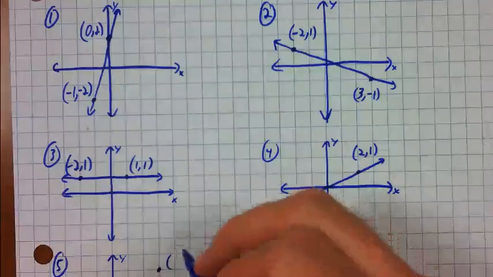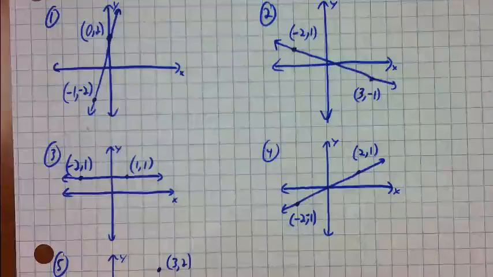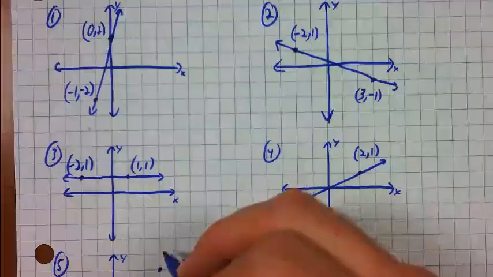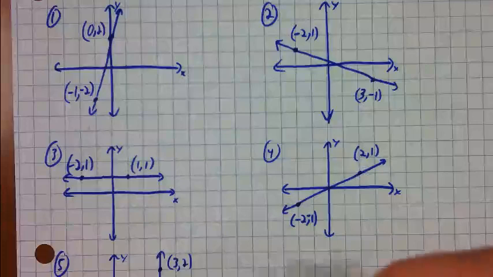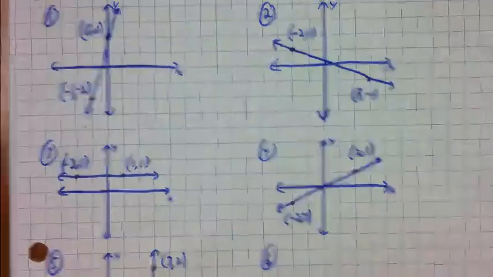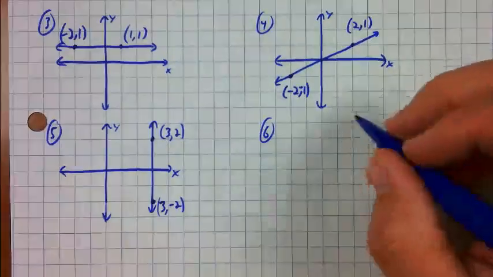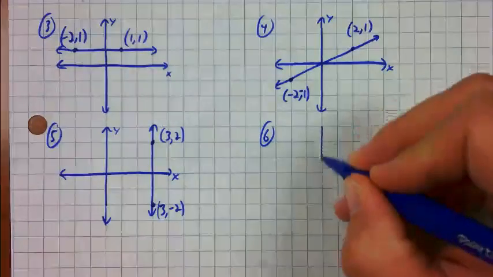We're going to have points on number 5 at 3, 2, and 3, negative 2. And finally, I'll give you a couple minutes to finish copying this, and then I'll go through them.